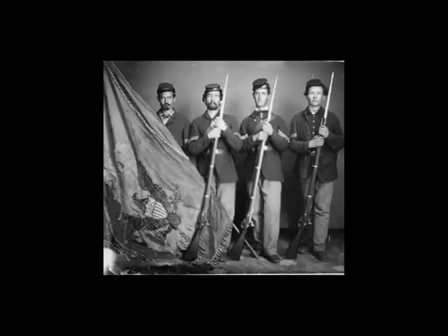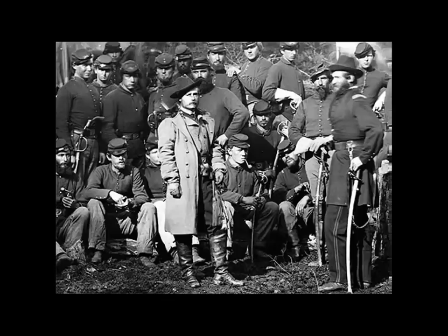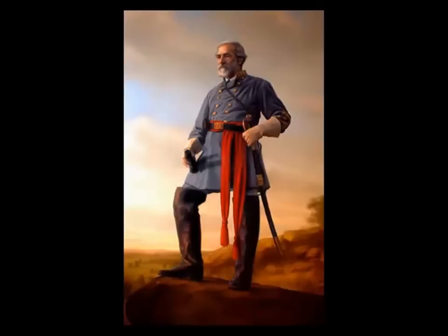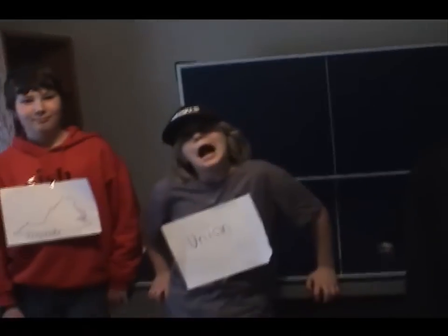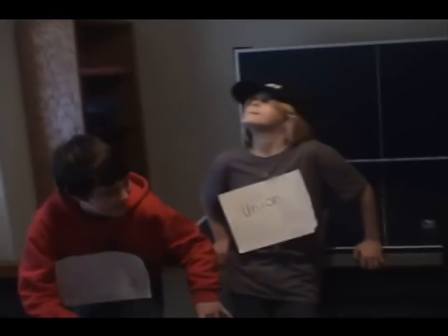Then, shortly after that, 3 days to be exact, Lincoln issues a proclamation calling for 75,000 militiamen and summoning a special session of Congress for July 4th. Robert E. Lee was offered command of this army, but he declined. 2 days later, Virginia secedes from the Union like all the other southern states. This made the Confederacy an 11-state nation with a population of 9 million, which included about 4 million slaves, of course.